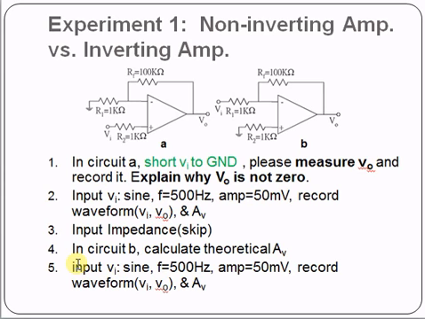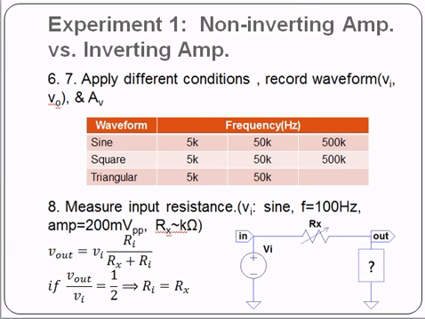Input the sine wave with the following configuration from VI to the circuit B, and record the waveform of VI, Vout, and calculate the gain. Step 6. Input different waveform and different frequency, and record the input and output waveform, and calculate the gain.